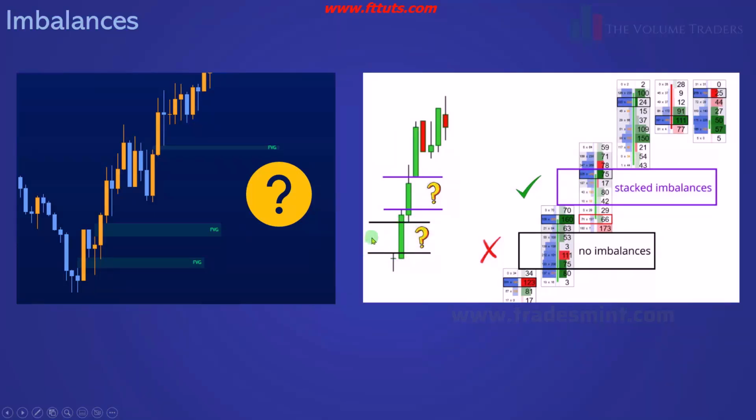So it's an unfilled area. But on the other one, there were wonderful stacked imbalances. Even here, over 10 times more buyers than sellers. That was the true imbalance. Very aggressive buyers. So that's the fair value gap. But the lower one is just a normal candle.